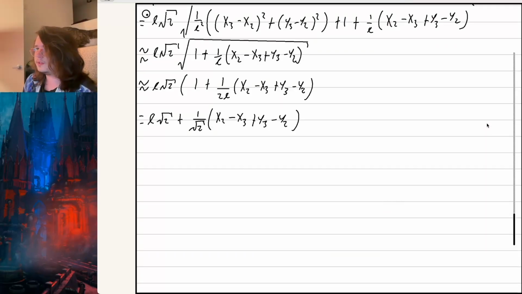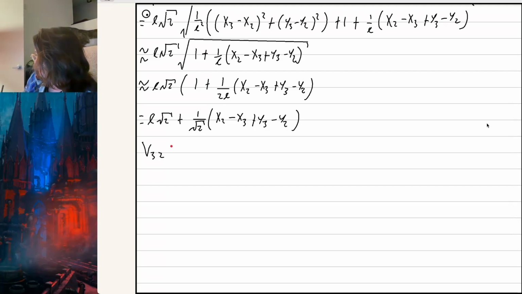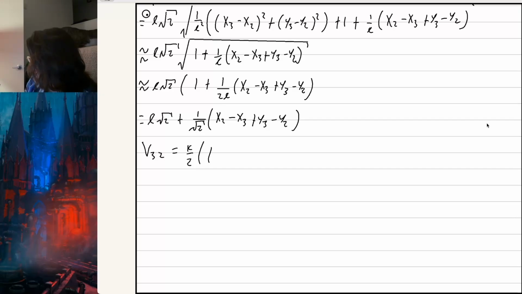So let's write out what the potential term between object 3 and 2 is. Remember, it's just k over 2 times the distance between them minus the length of the spring.